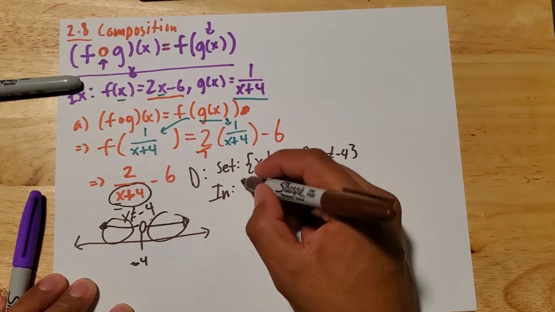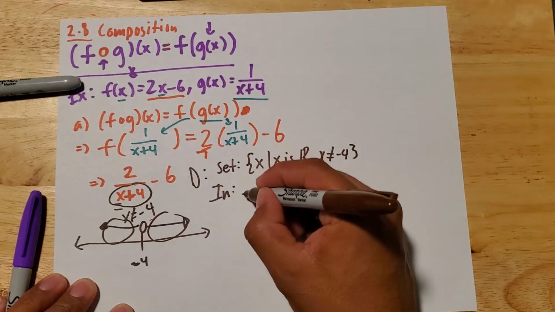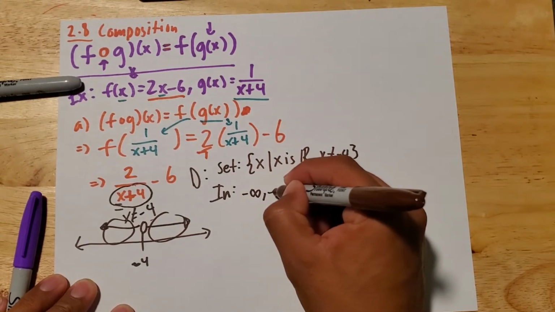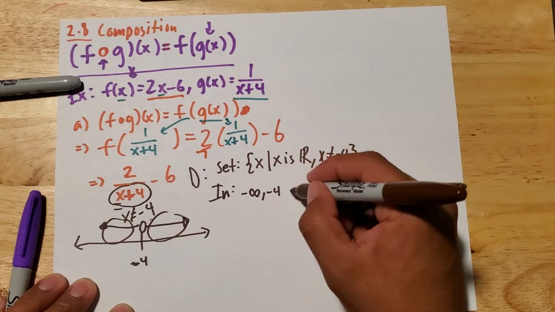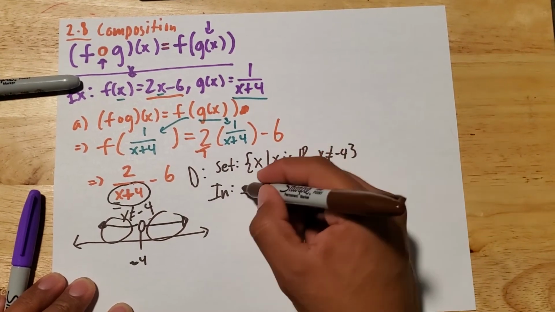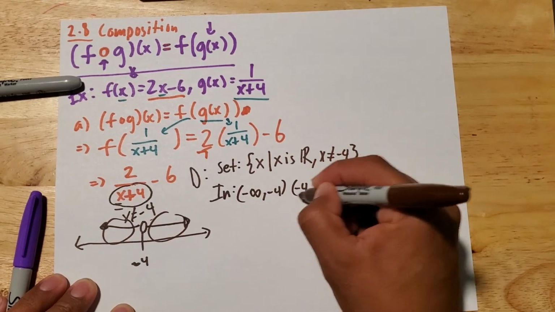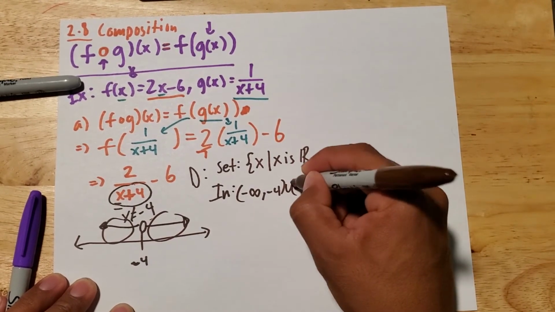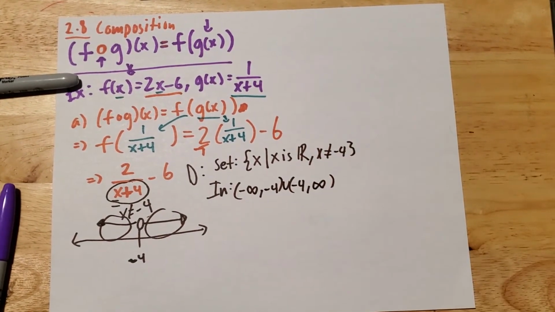There's one below that from negative infinity and stops at negative 4. And then there's one that starts at negative 4 and continues to infinity. So you have your parentheses and you have union. So you have to just union them together. But this is saying the same thing. So either one is perfectly fine.